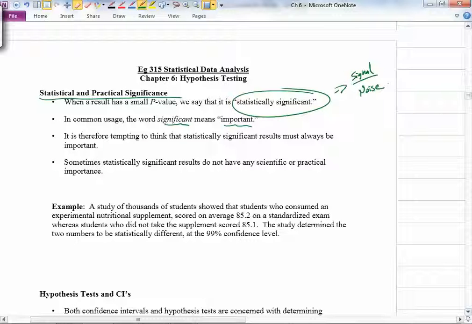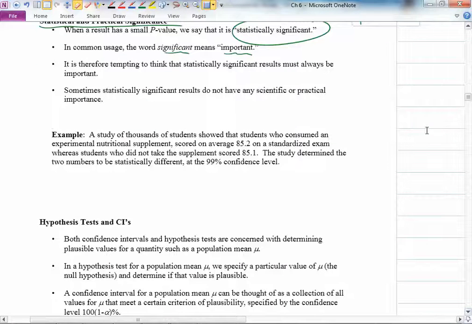So we have a strong signal-to-noise ratio. That's what we mean by statistically significant. There's an effect there that stands out from the noise. So it doesn't mean anybody's going to care about our results. So that's pretty important. And so this is a pretty good example of that.